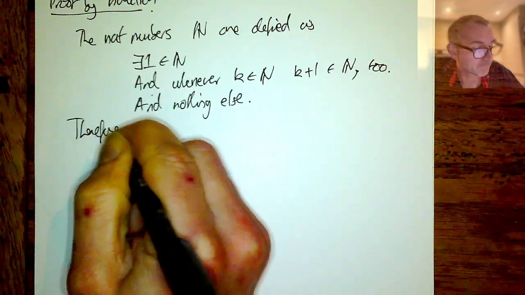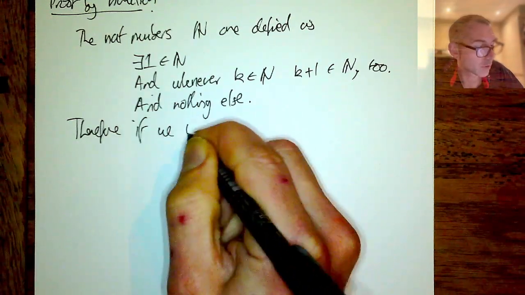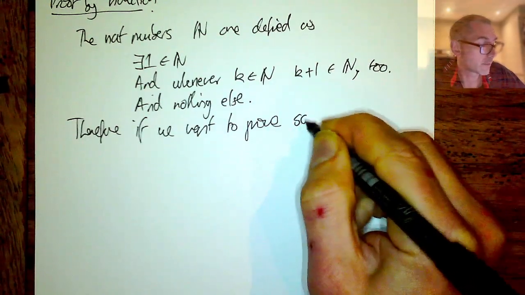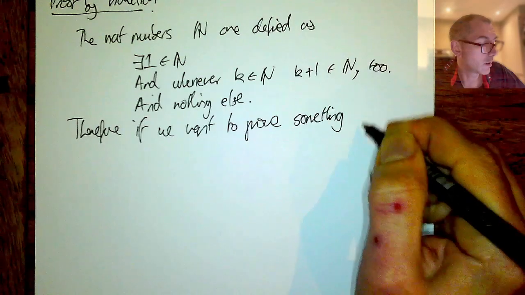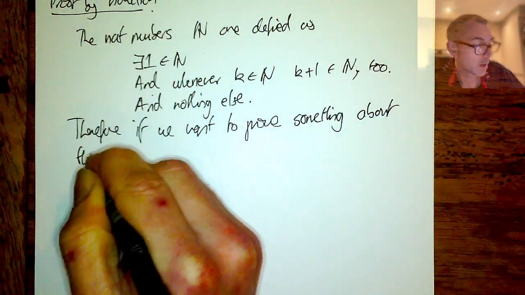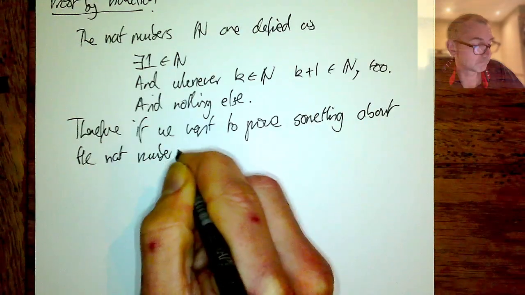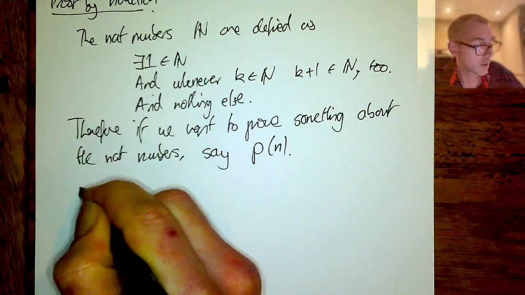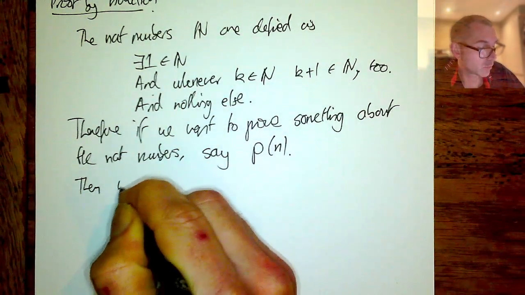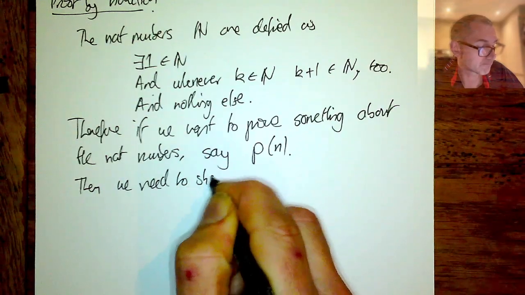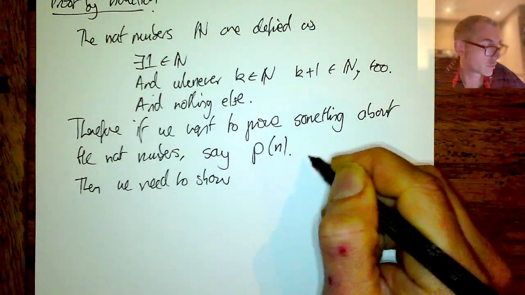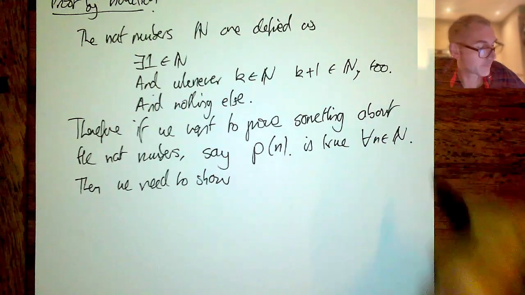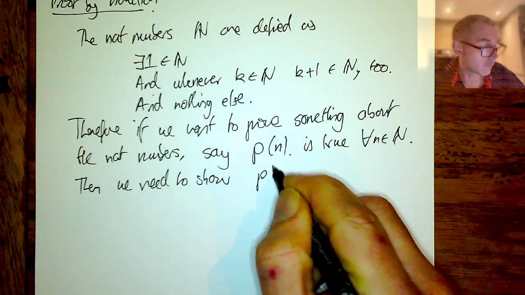Therefore, if we want to prove something about the natural numbers, say some statement P of n, so we want to say that P of n is true for all n in N, then we need to show P of 1, certainly.